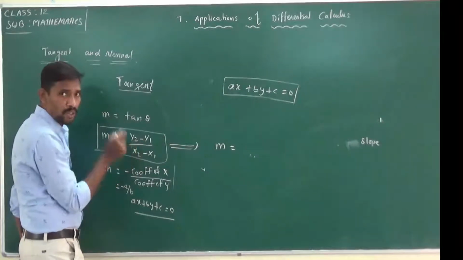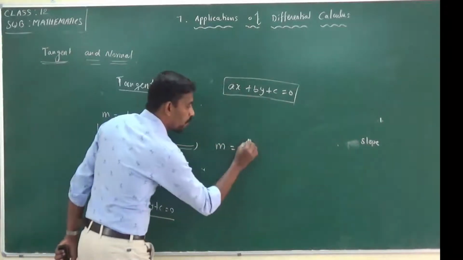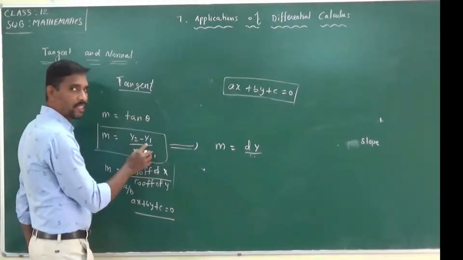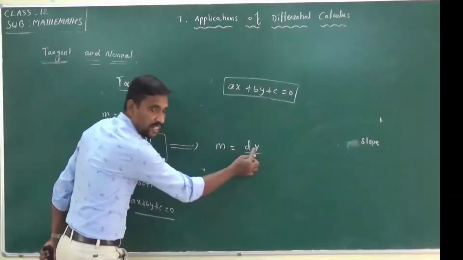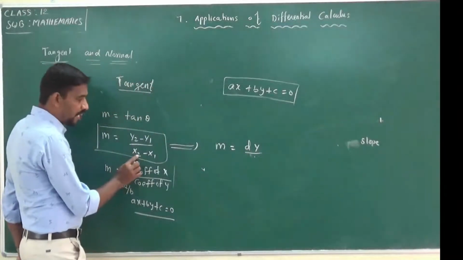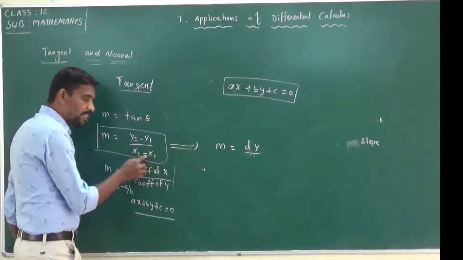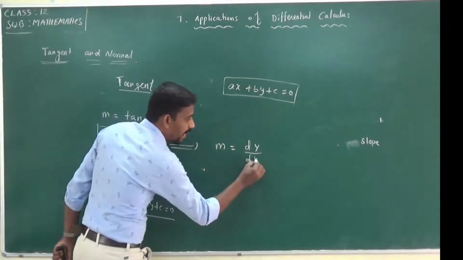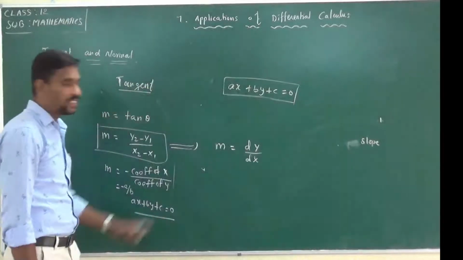So y2 minus y1 is nothing but dy. And see the denominator, x2 minus x1. That is also a difference, isn't it? So the difference in x coordinates, right?